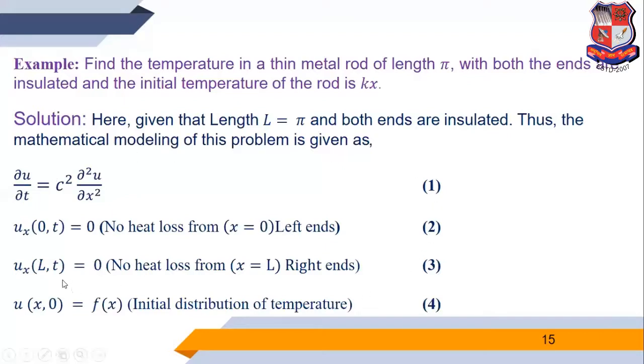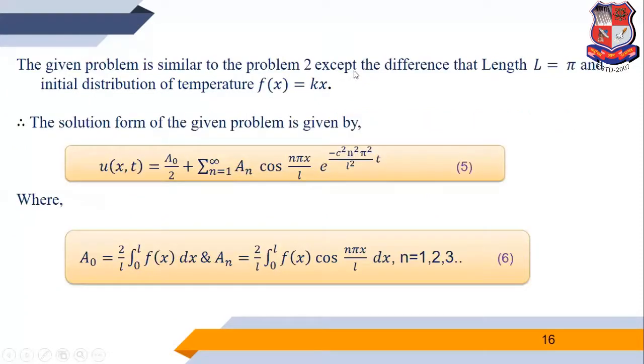In this problem we consider L equal to pi, and an initial temperature distribution f(x) is given as kx. So the given problem is similar to problem 2 except that the length L is pi and the initial distribution temperature f(x) is kx.